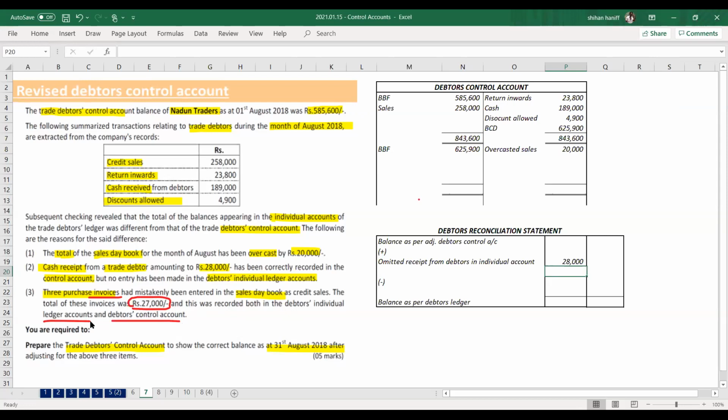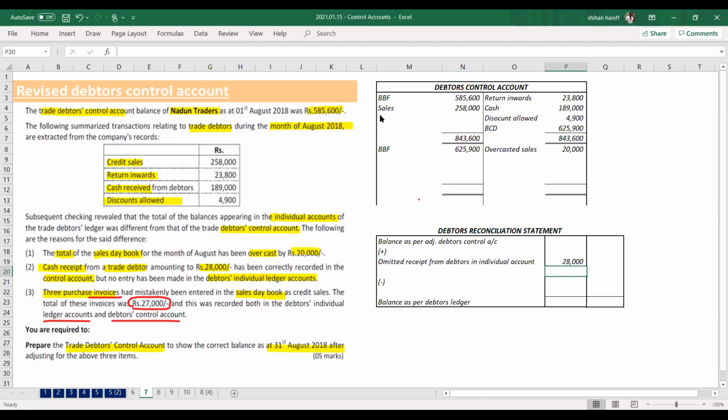So we have to remove it from the control account and we have to reconcile in the debtors ledger. So first let's correct the control account.